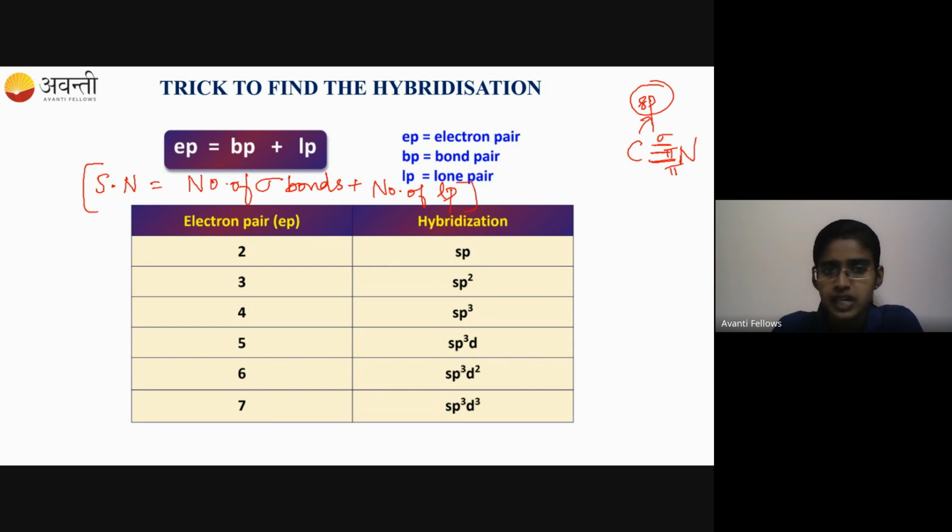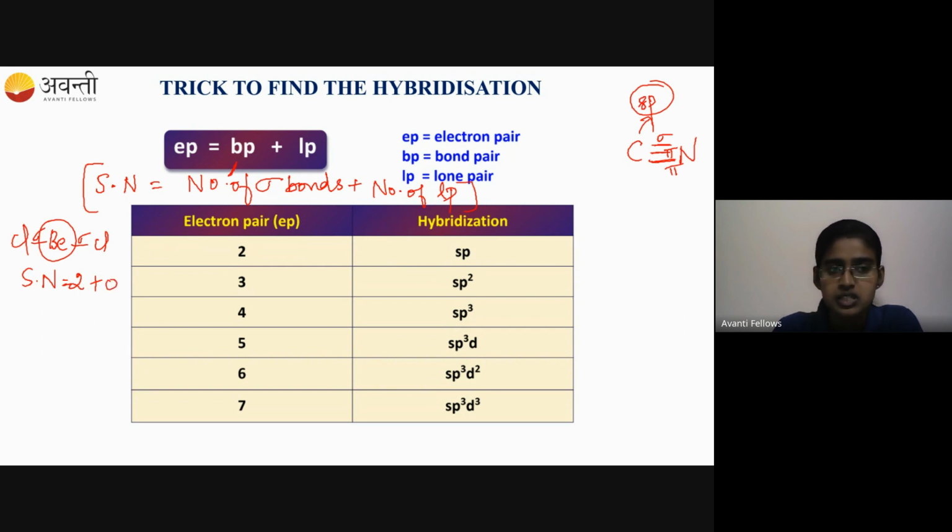So we can take beryllium chloride also, Cl-Be-Cl. Take the central atom and find out the steric number, or the electron pair. Bond pair or number of sigma bonds, both are the same. How many sigma bonds does beryllium have? Here one and here one, so totally 2 sigma bonds, and there is no lone pair, because both valence electrons of beryllium have been used for bonding.